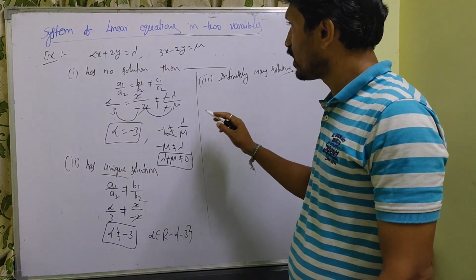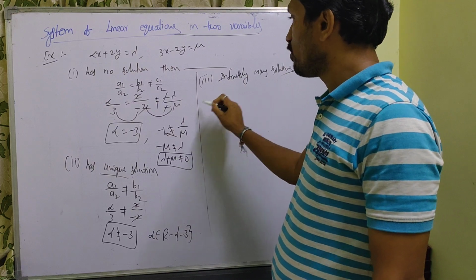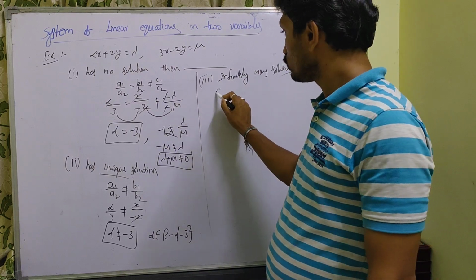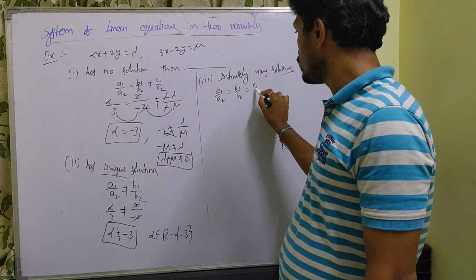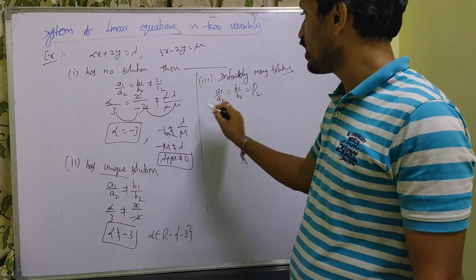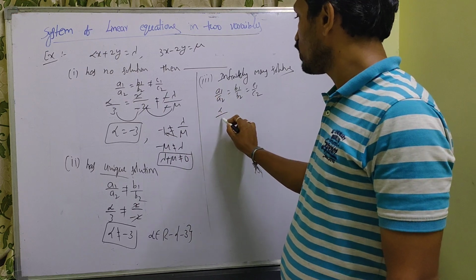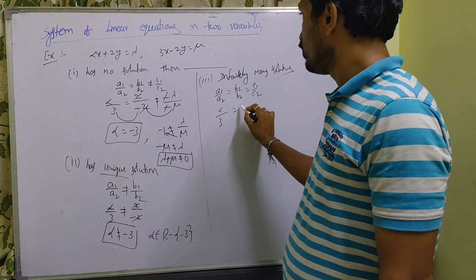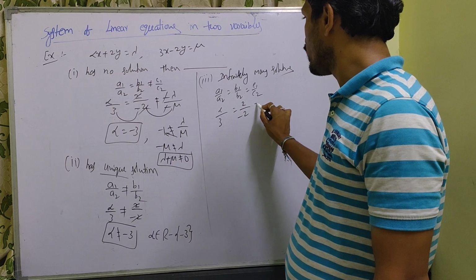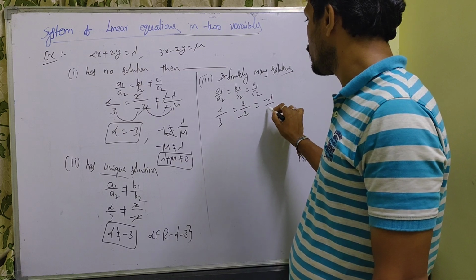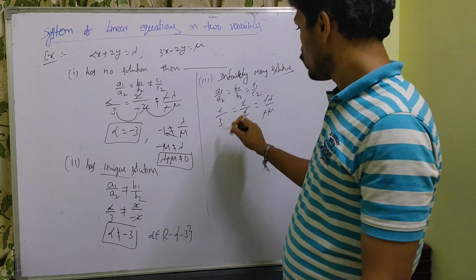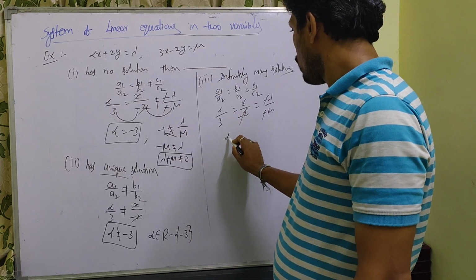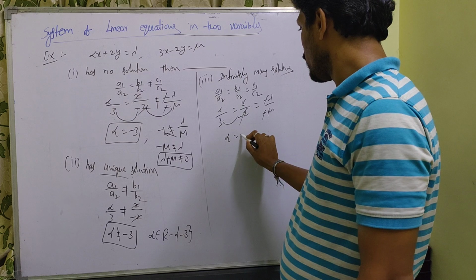See here, infinitely many solutions means A1 by A2 is equal to B1 by B2 is equal to C1 by C2. What is A1 here? Alpha. A2 here? 3. B1 means 2, B2 means minus 2. C1 means minus lambda, C2 means minus mu. Minus minus cancel, 2 get cancelled. So what you have? Alpha is equal to minus 3.